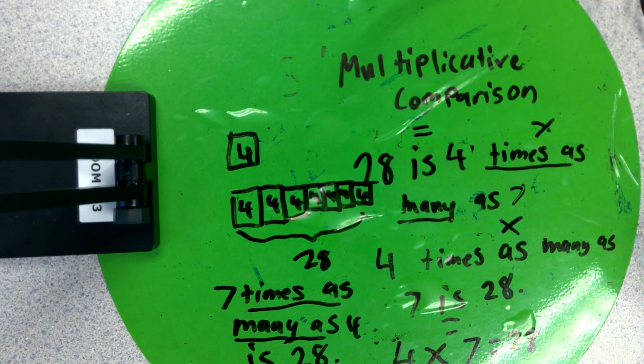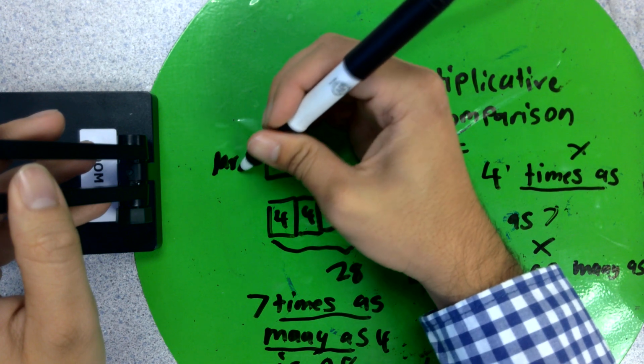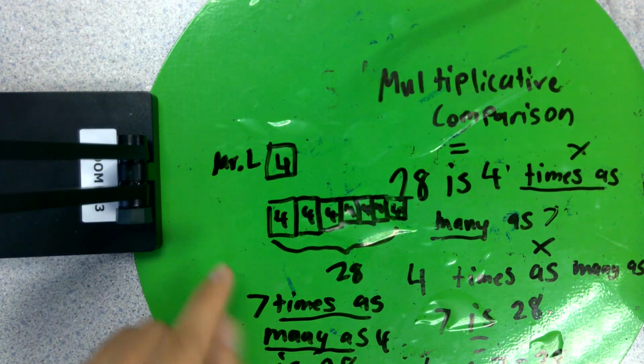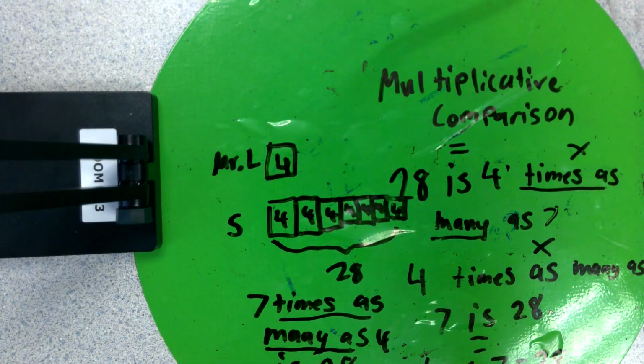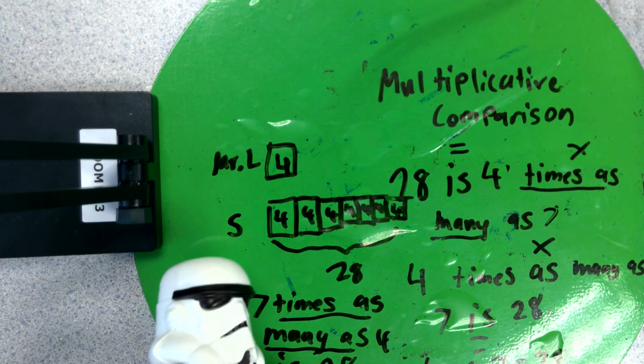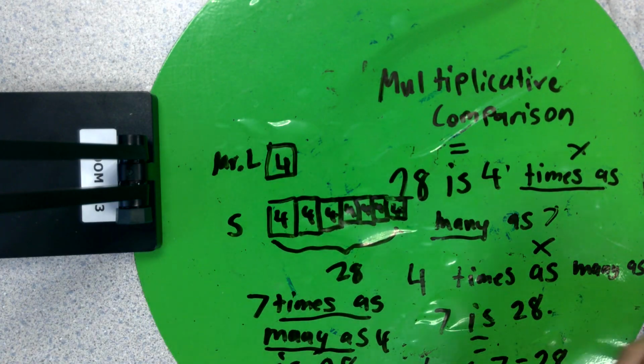It'd be kind of like, as I mentioned earlier in the video, if myself, Mr. L, had 4 erasers and my Stormtrooper friend had 7 times as many, I'll put an S for Stormtrooper, he'll end up having 28 erasers, and I'll just have 4 if he has 7 times the amount.